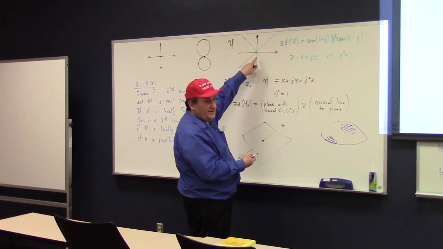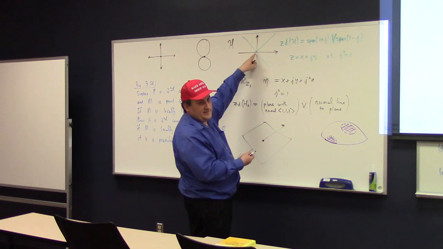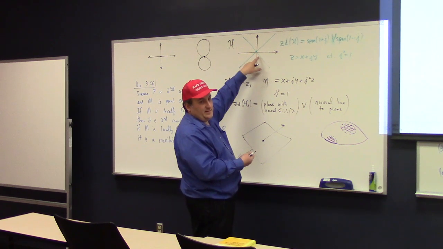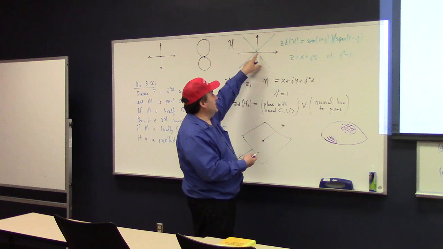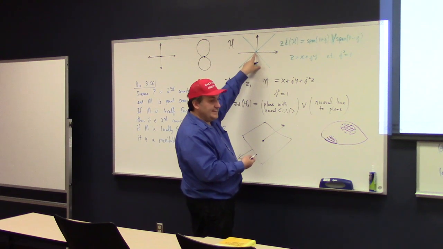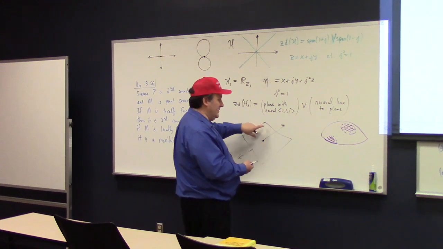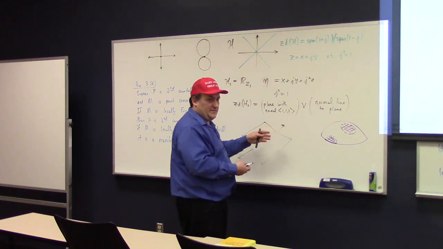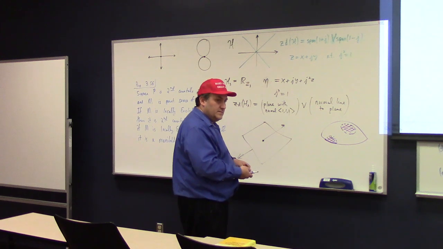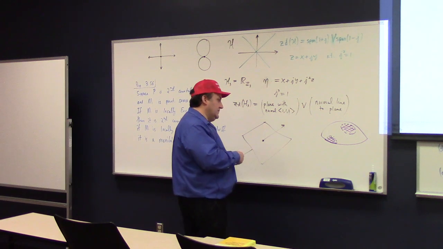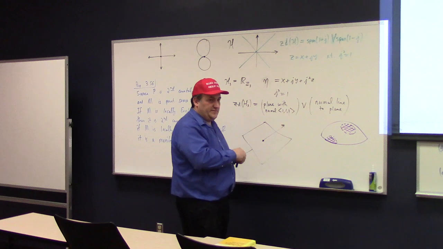But here, no. That point ruins it. You can't get a bijective correspondence between the line or this one here. What would you do? It's two-dimensional on the plane part and one-dimensional on the line part. It's not a manifold.